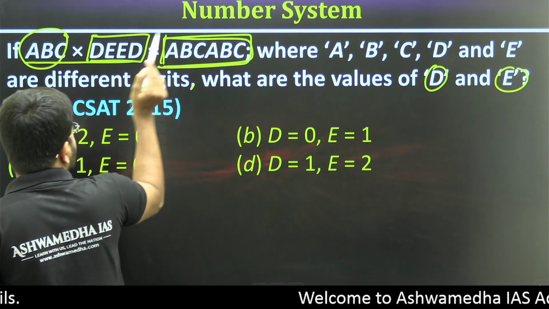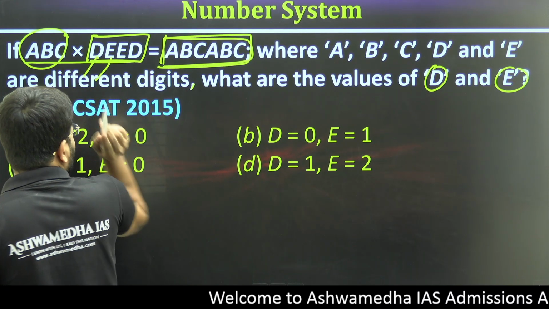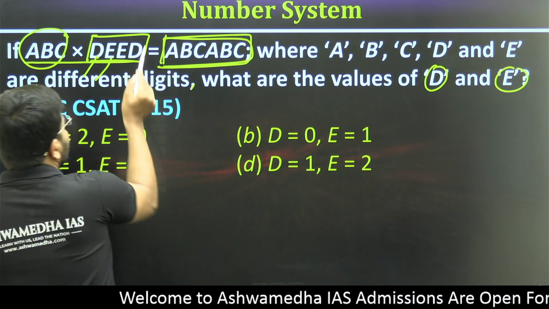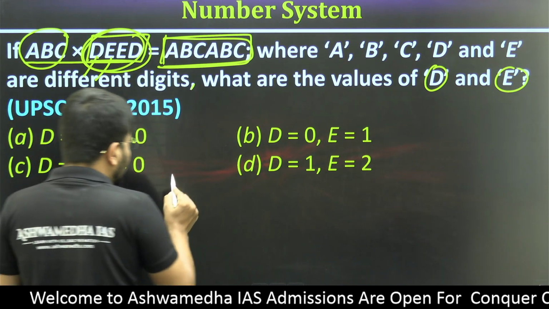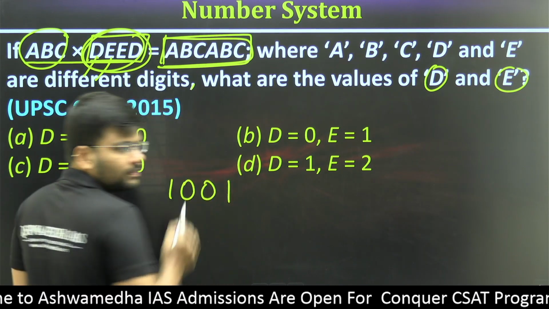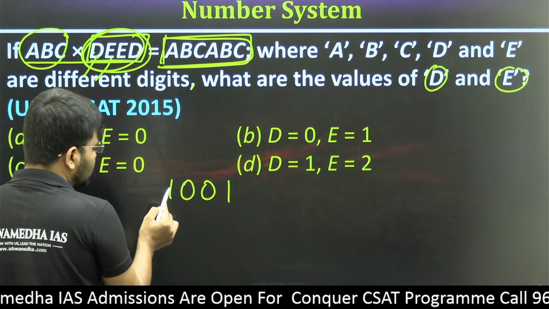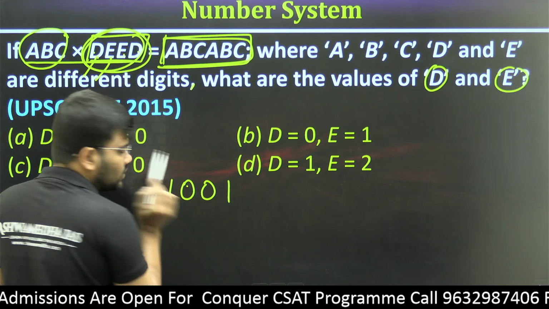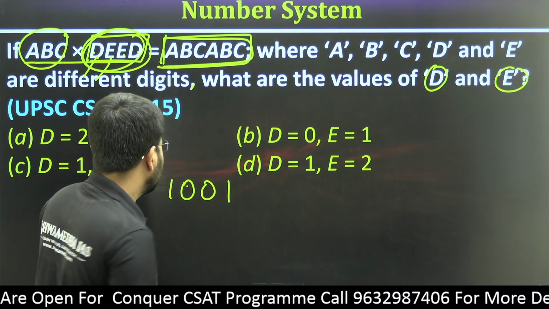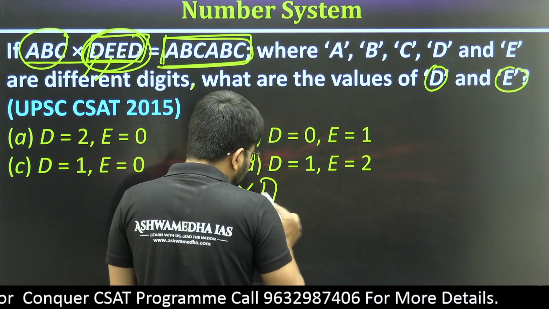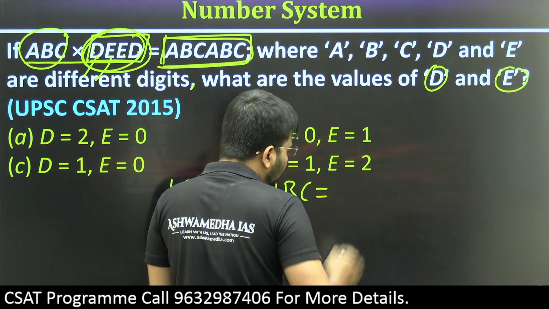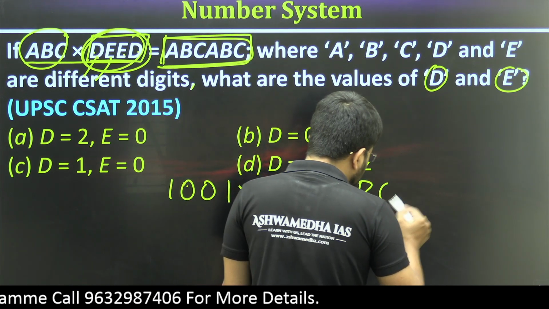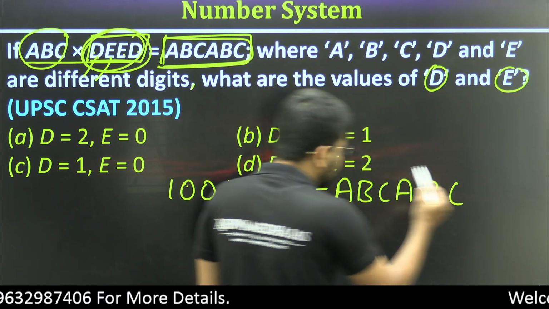They are asking you simply what is the value of D and what is the value of E. Now tell me, the number expressed in the form would be 1001. That is, D is 1, E is 0. If I multiply it with ABC, I will get what? Obviously ABC, ABC, the theme.